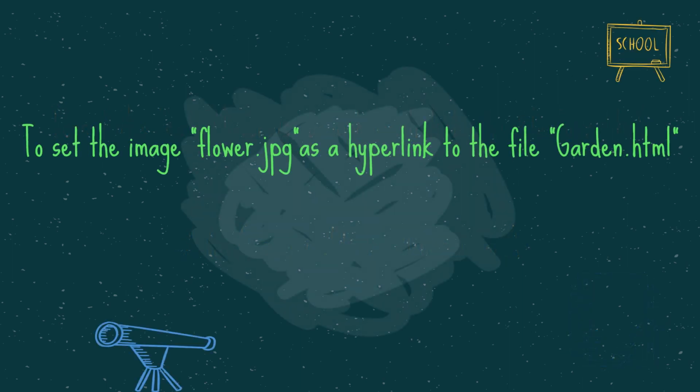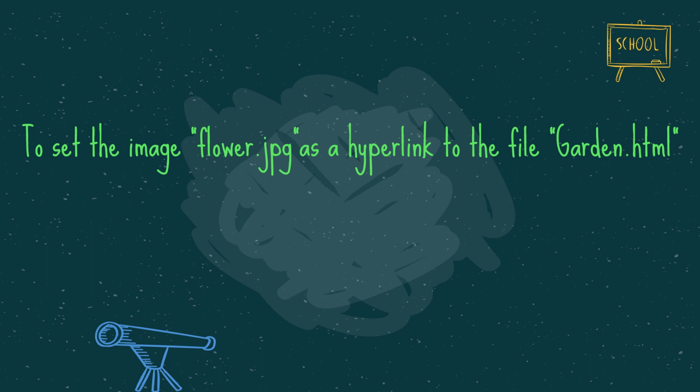Next is to set the image flower.jpg as a hyperlink to the file garden.html. That means previously we were displaying the text as a hyperlink that should be clicked and the next file should open. Now we are not going to display the text as a hyperlink. We are going to display an image as a hyperlink.